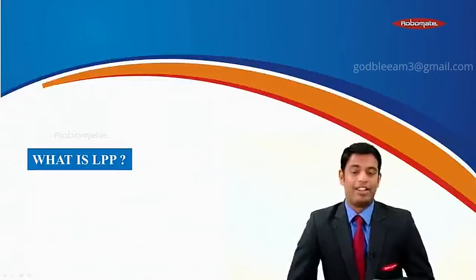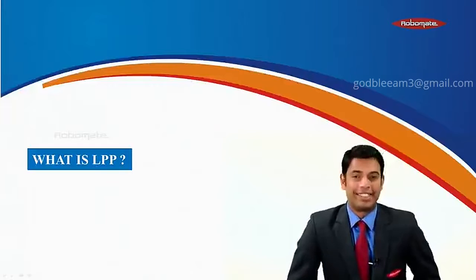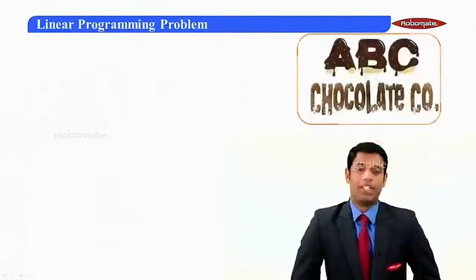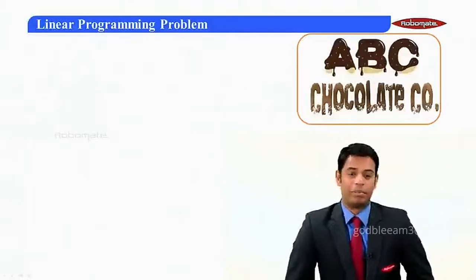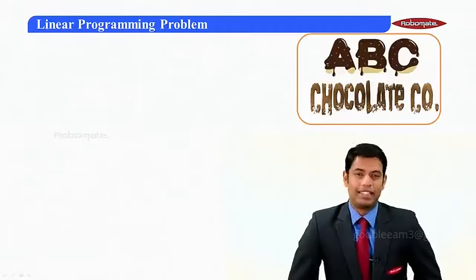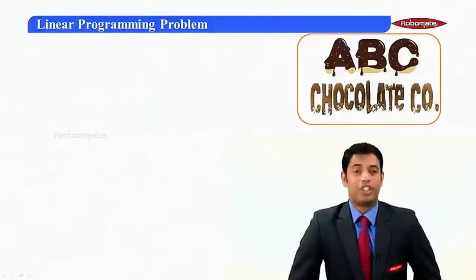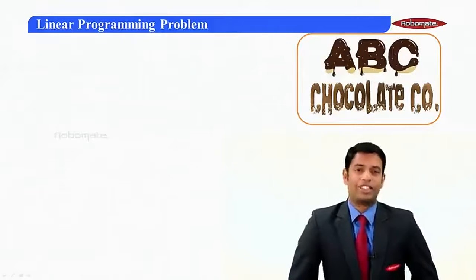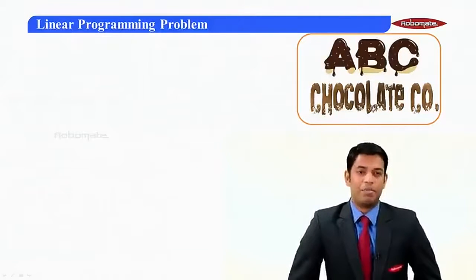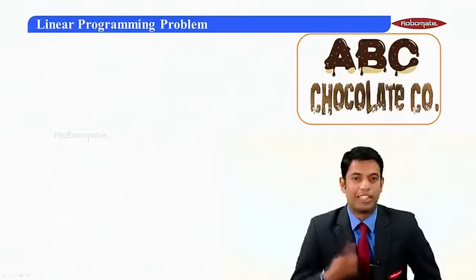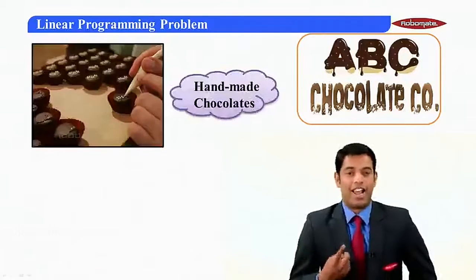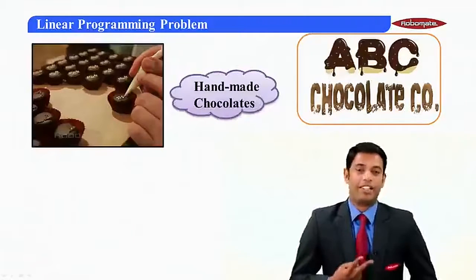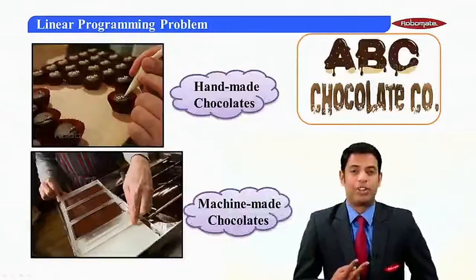So let's start with such a real world example of a company called ABC Chocolate Company. As the name says, this company is a chocolate company. So it manufactures chocolates. Suppose this company manufactures two kinds of chocolates. One is handmade chocolates and another variety is machine-made chocolates.